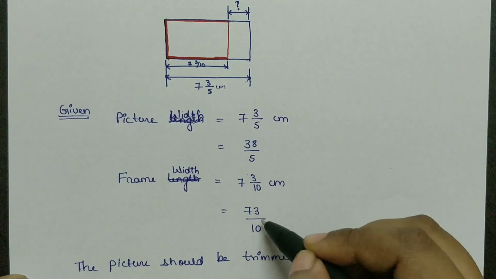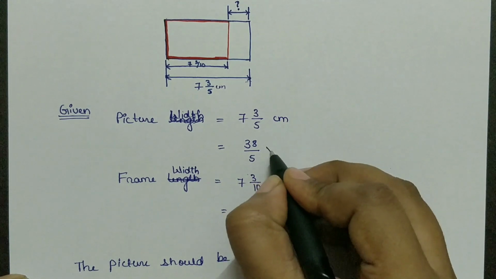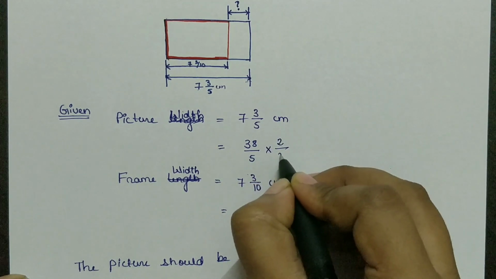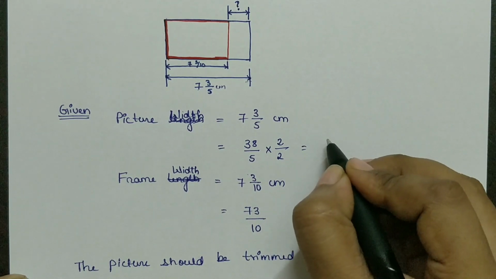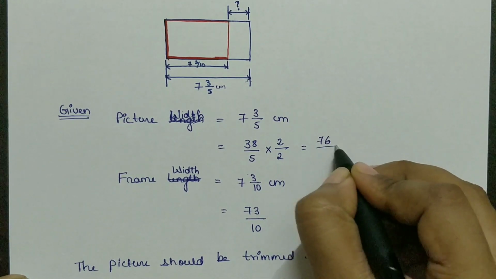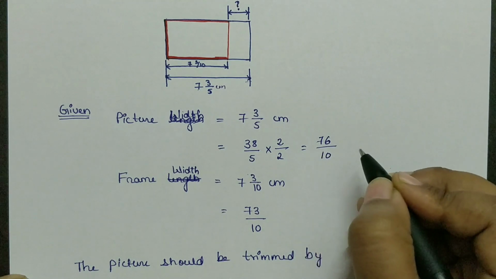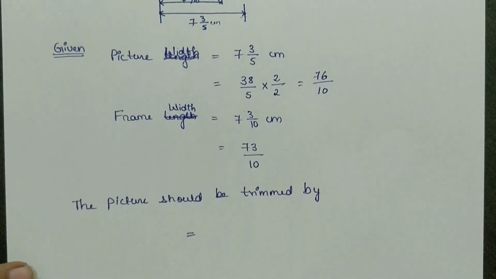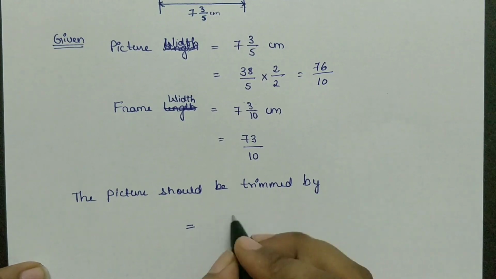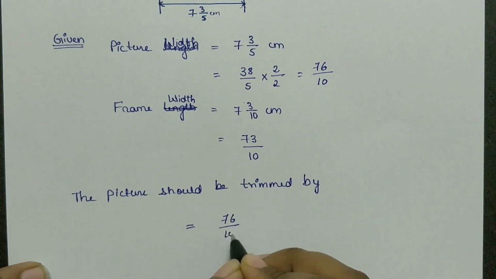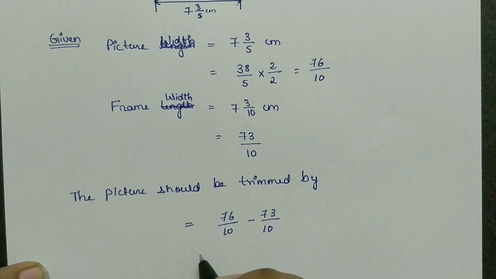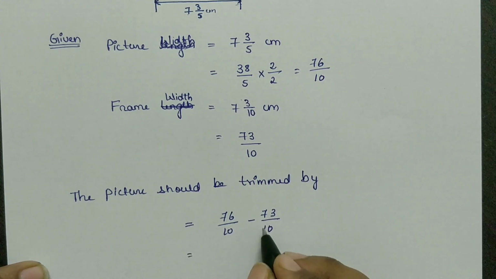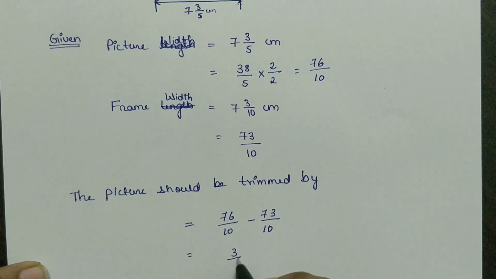To change these two into like fractions, multiply and divide by 2. That is equal to 38 into 2, 76, 5 2s 10. So the picture should be trimmed by 76 by 10 minus 73 by 10, equal to 76 minus 73, 3 by 10 centimeters should be trimmed.